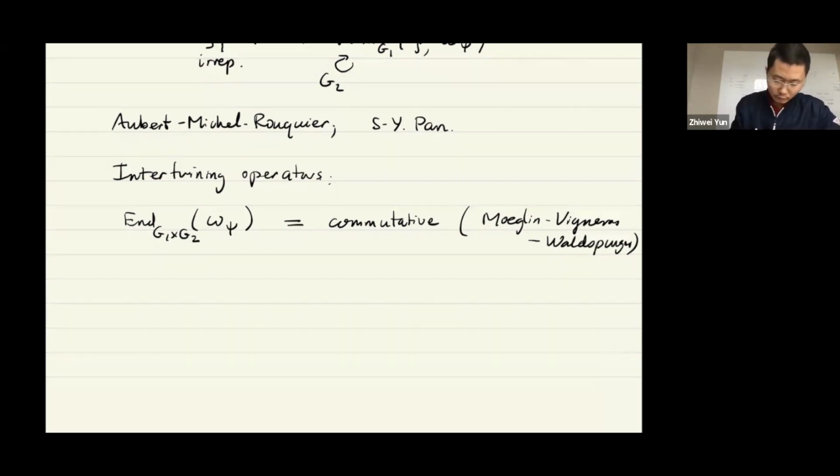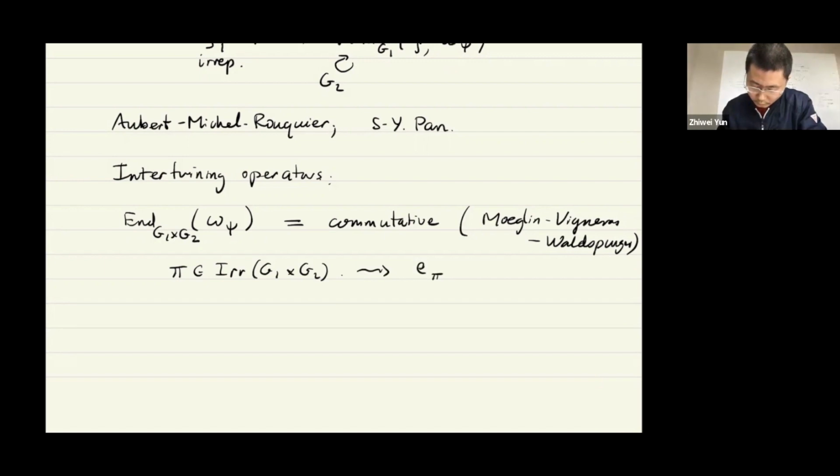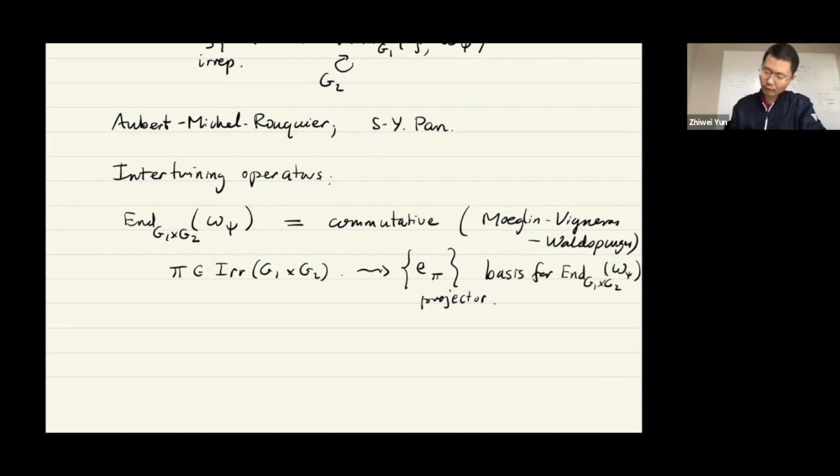Okay, so for each irreducible representation of G1 times G2 that appears in the oscillator representation, we have a canonical projector. So these form a basis for this endomorphism ring.